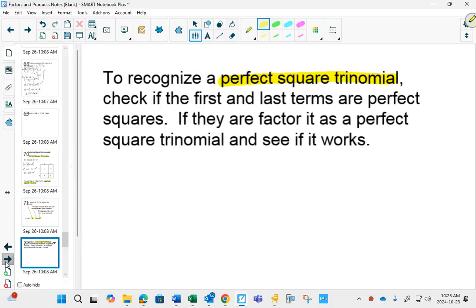So to recognize this, if the first and last terms are perfect squares, it might be a shortcut to factor it. It might not work, but it might be a shortcut. And based on how the textbook arranges questions, it usually is.